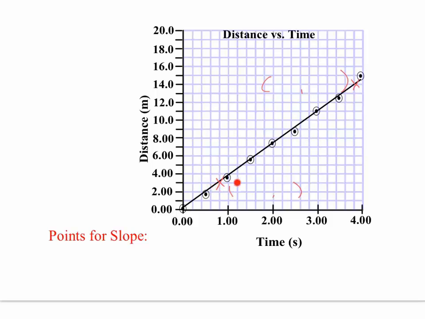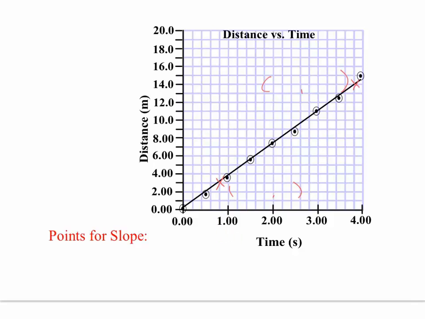Just looking at this first data point here, it's on this line right before the 1.00 on the time axis. So the question is, how much is that? If you remember from when we scaled the graph, every 5 boxes is equivalent to 1 second.